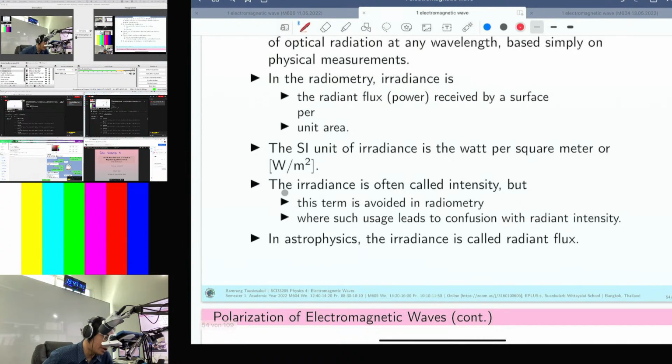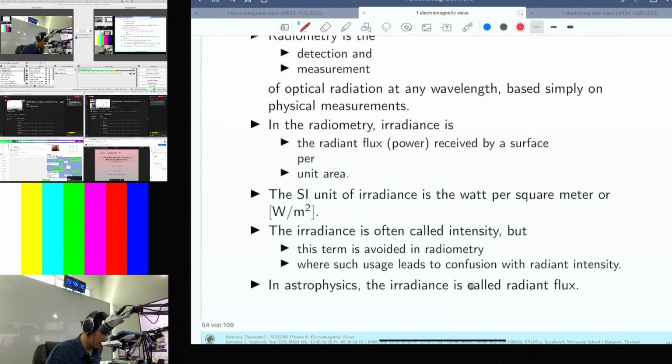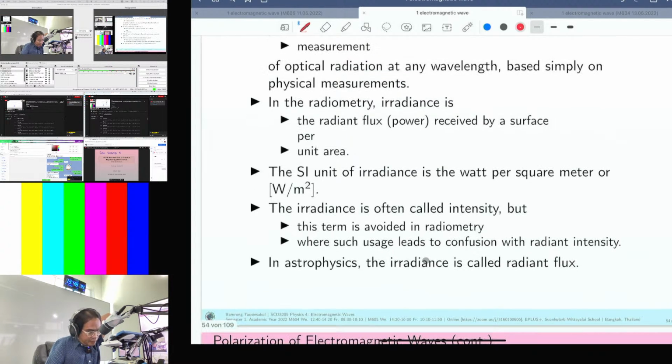Irradiance is often called intensity, but this term is avoided in radiometry, where such usage leads to confusion with radiant intensity. In astrophysics, people call irradiance the radiant flux, but for us, we will call irradiance intensity.